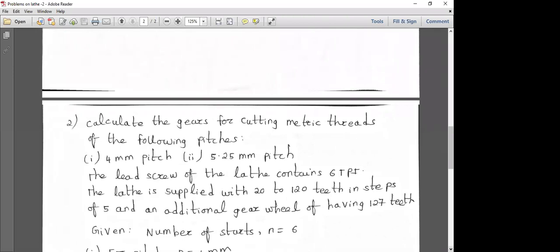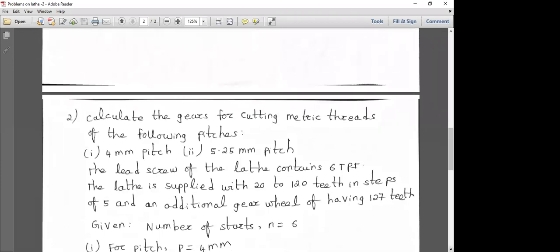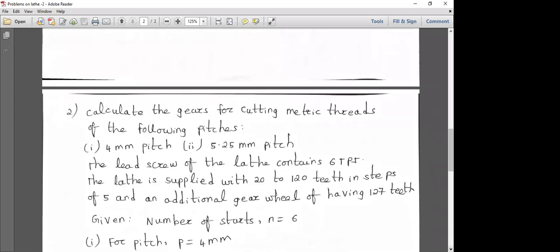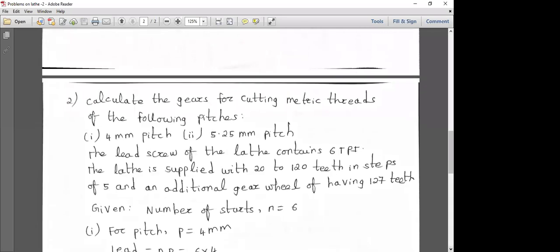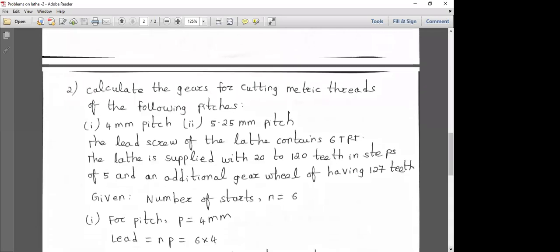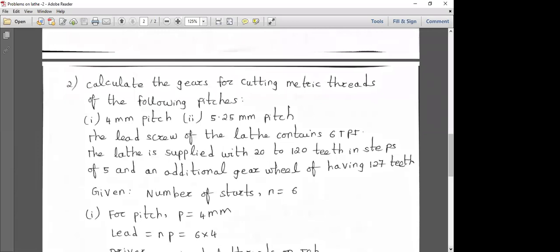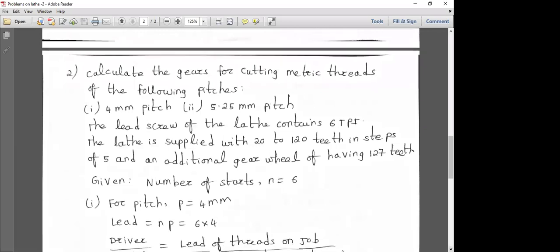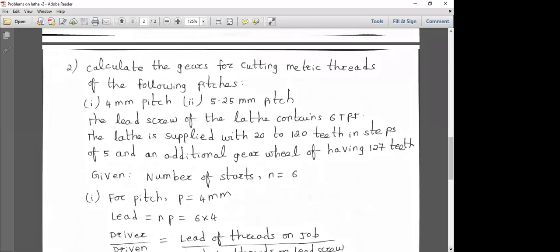Lead screw of the lathe contains 6 TPI, that is the number of starts, because lead is N P. So for a pitch of 4 mm, lead is N P, where N is the number of starts, 6, and pitch is 4 mm. That is the lead.